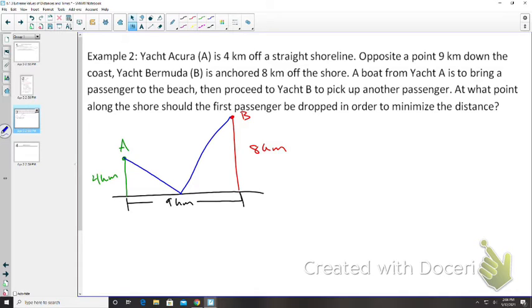Okay, so what is this value from here to here to minimize that distance? I'm going to call that Z again. So if this region there is going to be Z, then this remaining region here is going to be 9 minus Z.